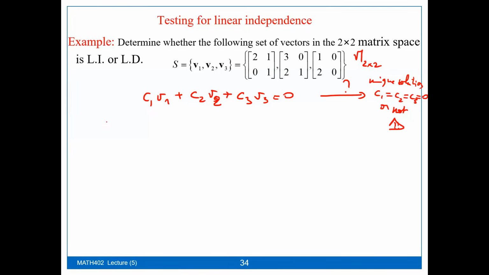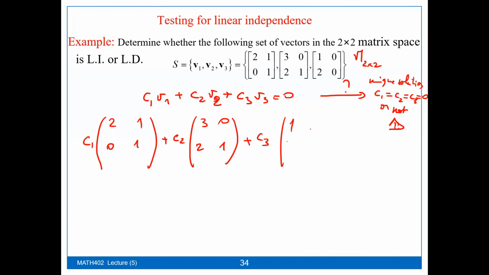So what's C1v1? C1v1 is C1 times the matrix 2, 1, 0, 1, plus C2v2, the matrix 3, 0, 2, 1, plus C3v3, the matrix 1, 2, 0, 0, equals 0.